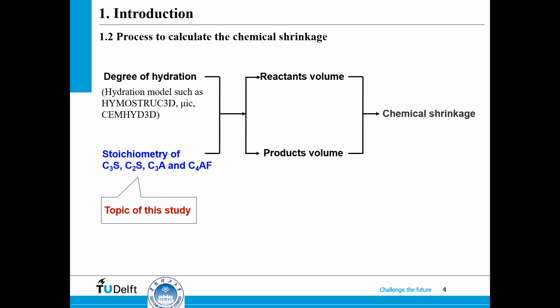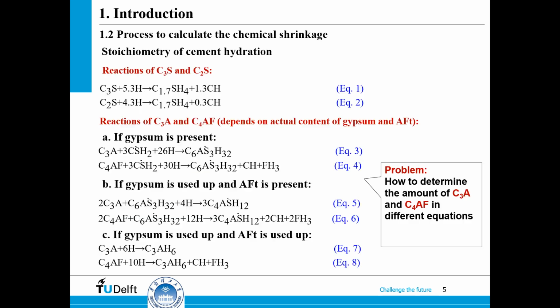However, in different research, the stoichiometry might be different. The topic of this study is to determine the stoichiometry of these monomers, particularly the C3A and C4AF, because these two are affected by the hydration process of the cement.